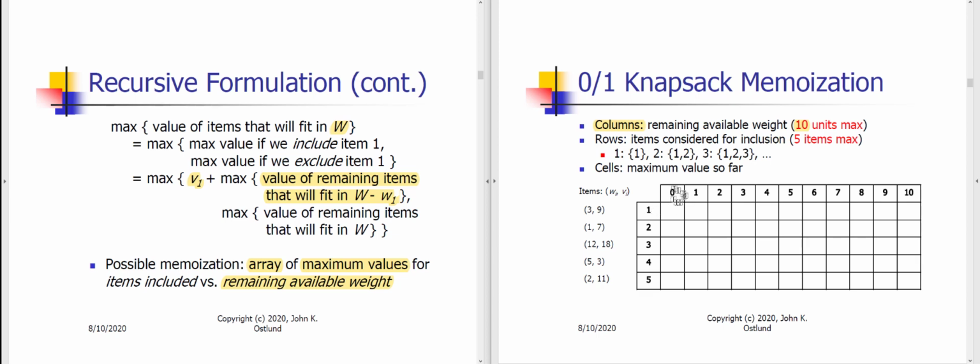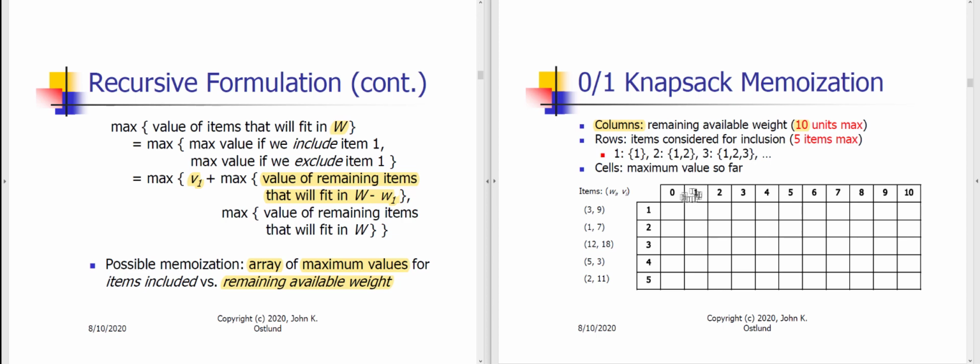Of course, if we have no remaining available weight in our knapsack, we can't include any items. So the value of not being able to include item 1 in a knapsack that can hold 0 weight is going to be 0. It turns out, in fact, that this entire first column is going to end up being zeros.